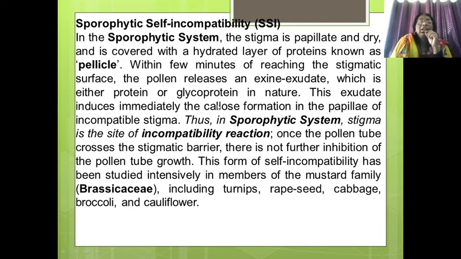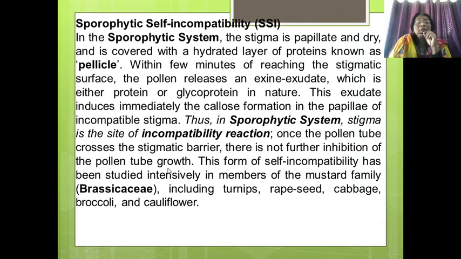This exudate induces immediate callose formation in the papillae of the incompatible stigma, and thus in the sporophytic system, the stigma is the site of the incompatibility reaction.